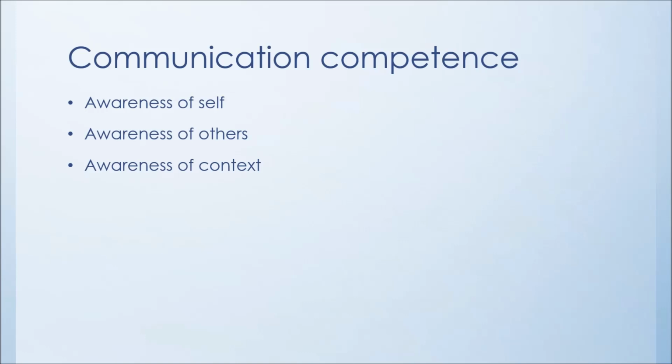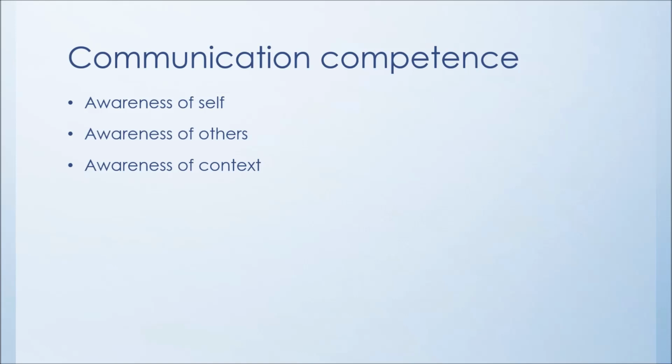Throughout this course, we're going to be working on developing and improving our communication competence. And there are many elements to communication competence. Here are 3 important ones: awareness of self, awareness of others, and awareness of context. We need to increase our attention to what is going on in order to become more effective.